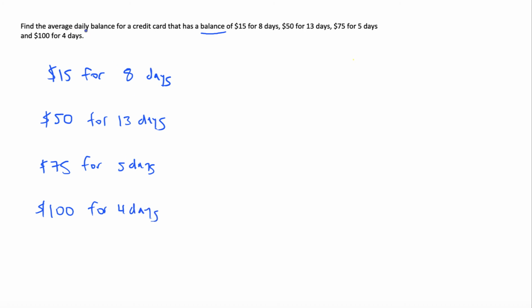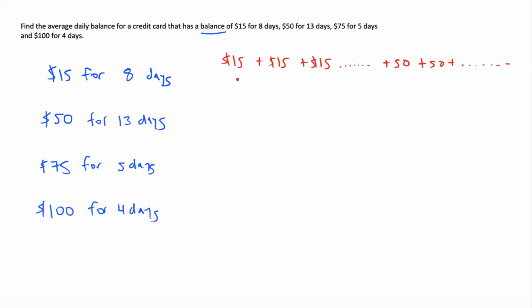Now remember, we have to find the average daily balance. Think about that. Your balance was $15 on the first day, plus another $15 on the second day, plus another $15 on the third day, and that's the same for 8 days. And then it went up to $50, and it stayed that way for 13 days.